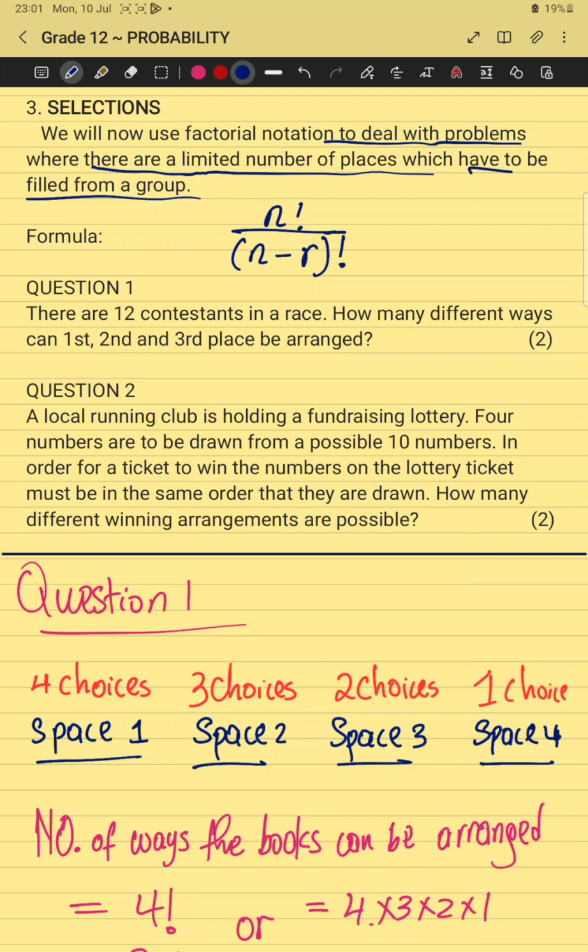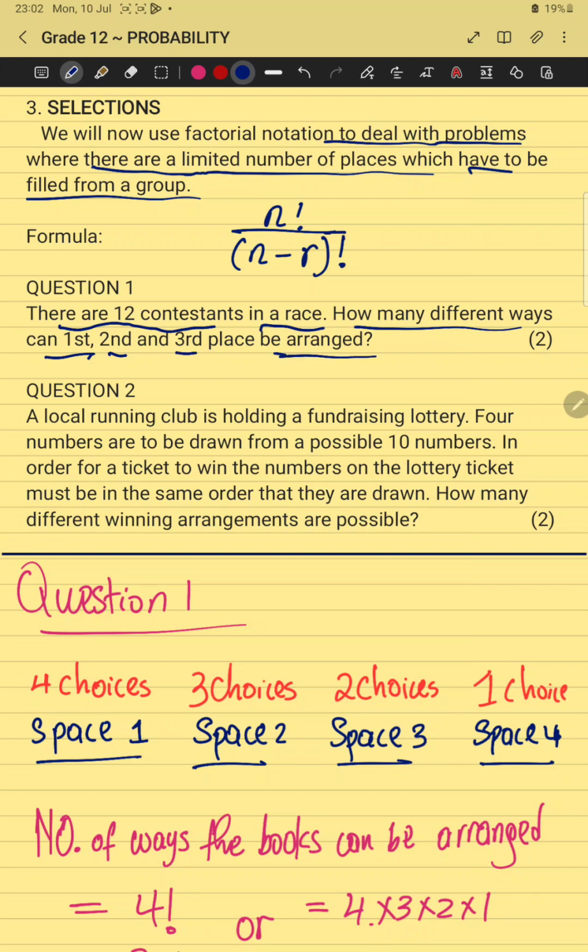All right, so now let's look at the first question. How do we go about answering it? Question 1: there are 12 contestants in a race. How many different ways can the first, second, and third place be arranged?